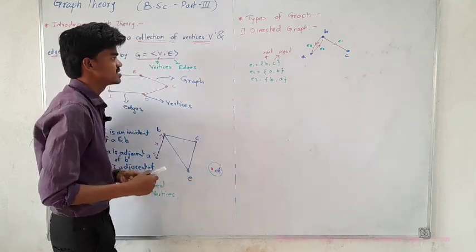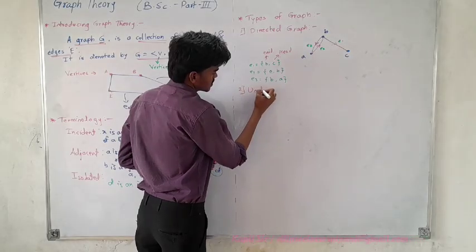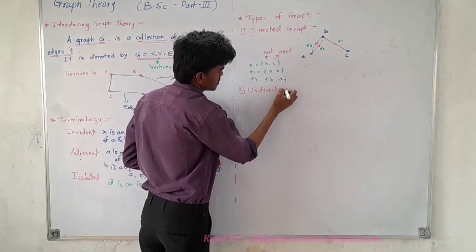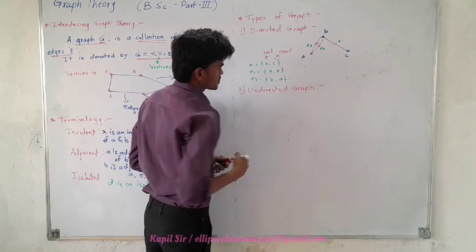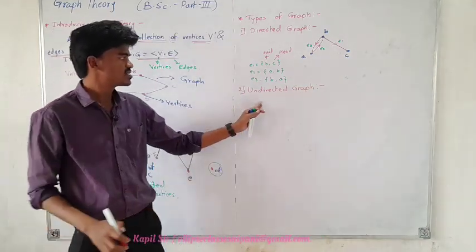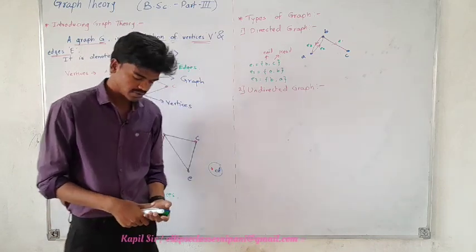Now we define the undirected graph. Undirected means a graph which doesn't have direction.